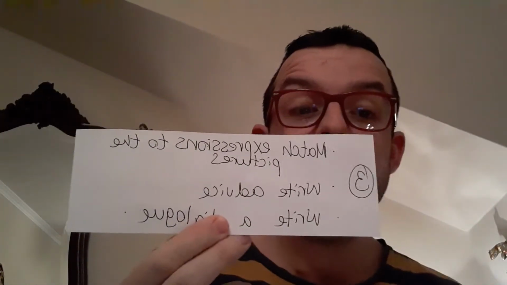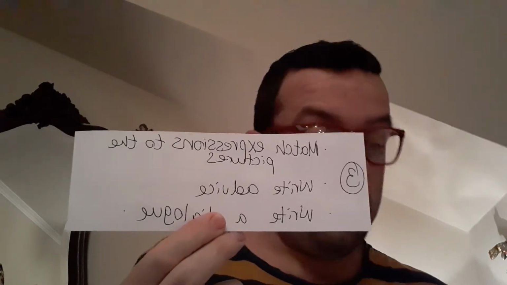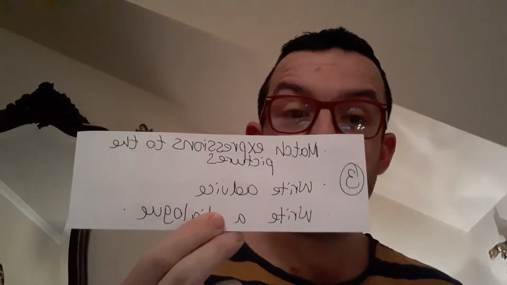In activity 3, match the expressions to the pictures, which we'll be discussing tomorrow. Then you have to write advice: what you think is the correct type of advice to give.